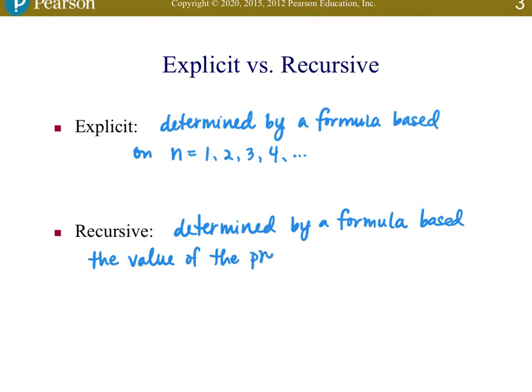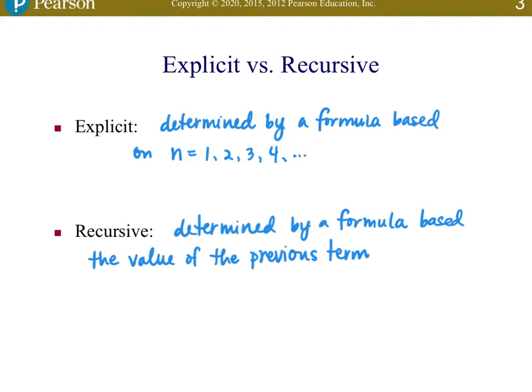So you have to have an initial term to get you started. Once you have an initial term value, then you'll have a formula to follow, which will tell you what to do to that term value. So if you have an initial value and you're told to square it and subtract 5, that will give you another value. And then you square that one and subtract 5. And then you square that one and you subtract 5. That's recursive, where it's always based on the value of the preceding term.